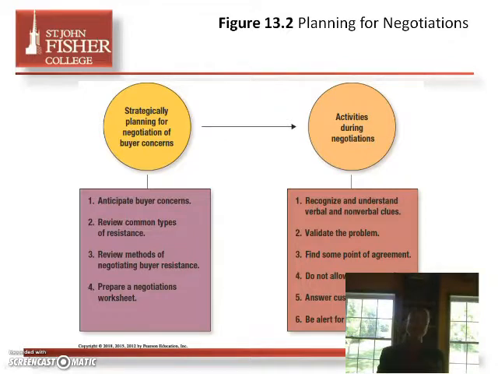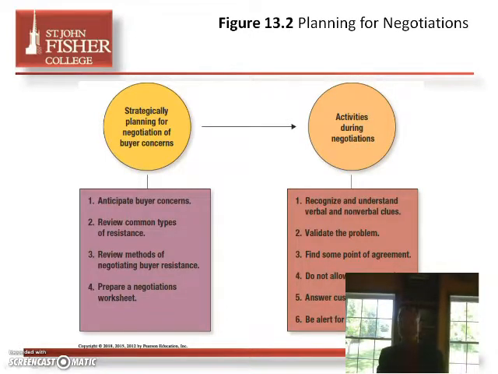We also need to review who's going to be negotiating for the buyer. Is it going to be the buyer himself? Is it going to be a team? Is it going to be their legal team? Is it going to be safety, production, or what have you? Oftentimes, it's important to prepare a negotiation worksheet. Sometimes it's not price. Sometimes it's amount of product or something like that.